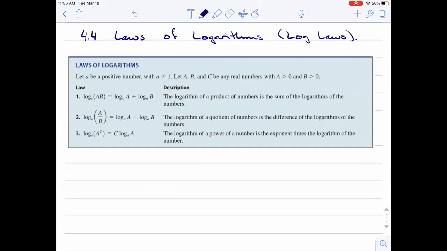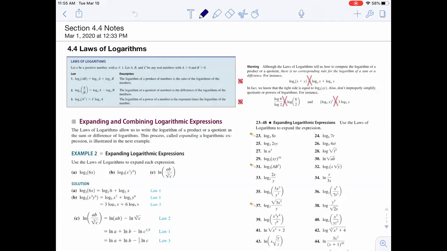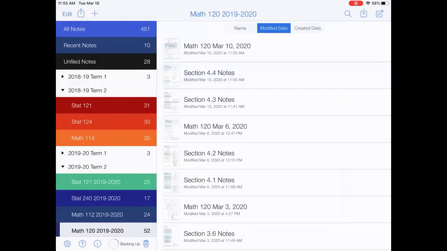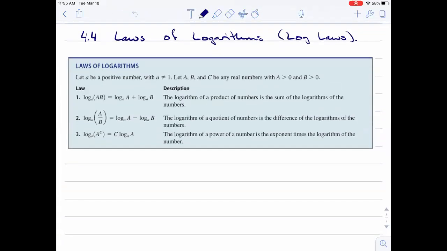Okay, and there's a warning on the side of your page too, right? Don't go making up log laws. And you can read that warning on your own. But here are the rules that we've got. First rule is that if you've got A and B being multiplied by each other inside a log, how you would expand that and separate A and B is that you actually end up adding the logs of the same base.